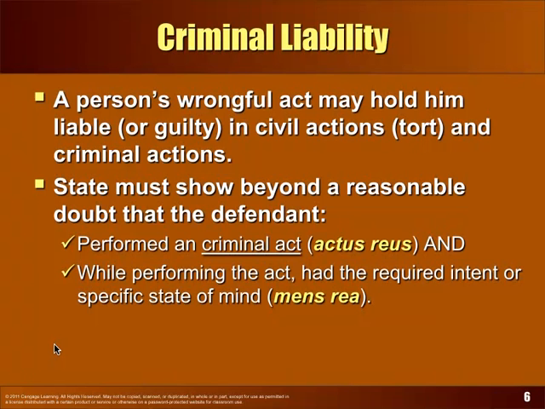We could do an act without the intent. That wouldn't be enough either. Like we talked a little bit about that in the tort area too, between intentional torts and negligence.